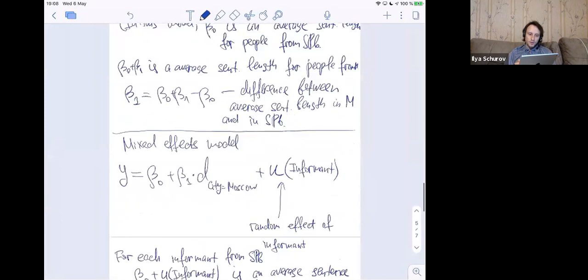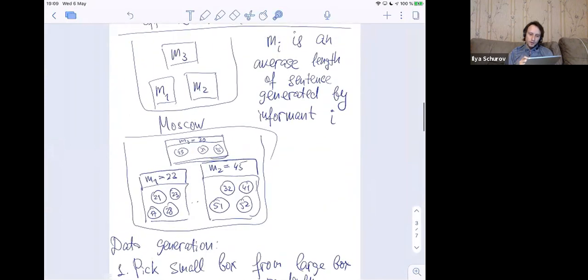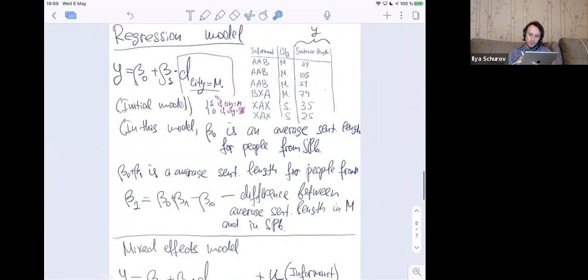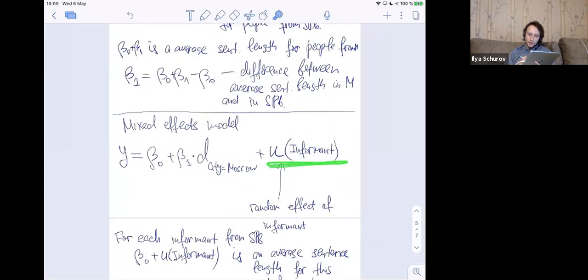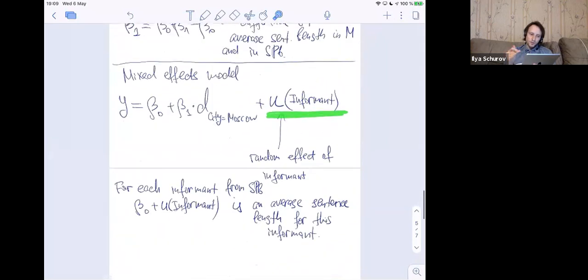So basically, if I return to this model, I just say that if this is not Moscow but St. Petersburg, then my value of this u is just the difference between the average sentence length for a particular informant and the average sentence length for the whole city.